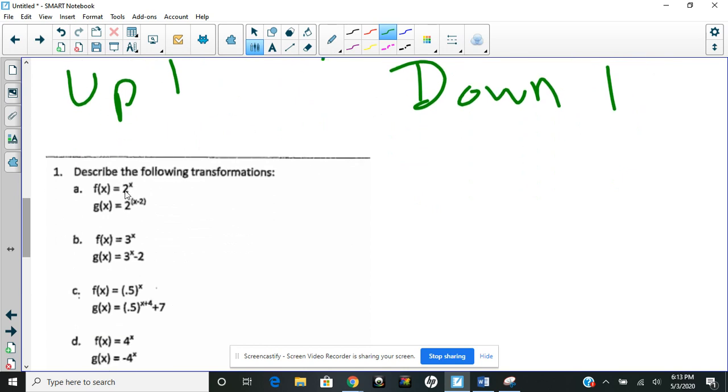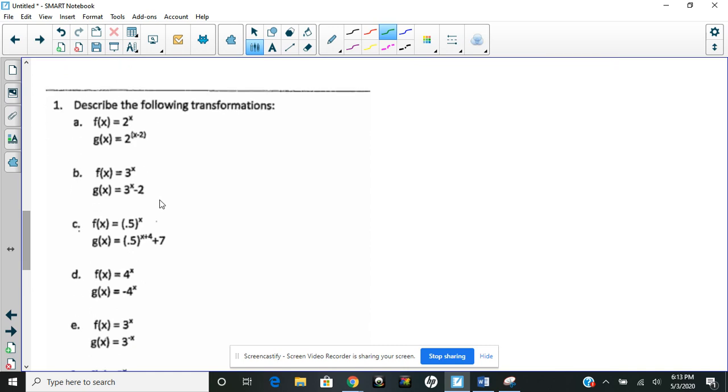So here they told us what the parent function is, and we have to just automatically look at these and see what the difference is. So from here, I'm looking at A. I have 2 to the x, and then I have 2 to the x minus 2. So I'm going to give you guys like 30 seconds to try to see if you can figure out what that changes.